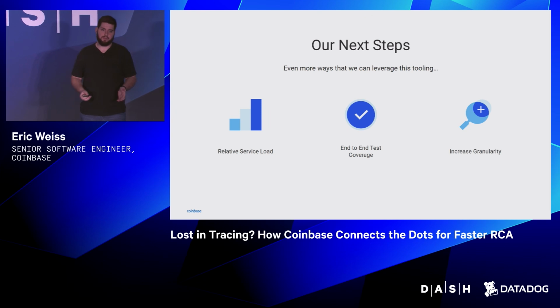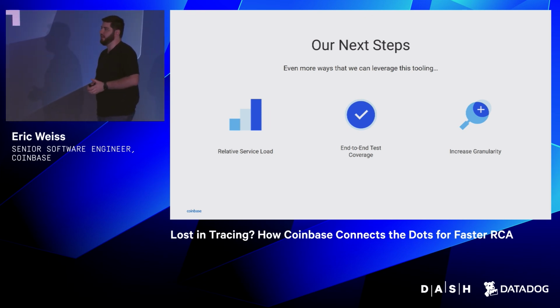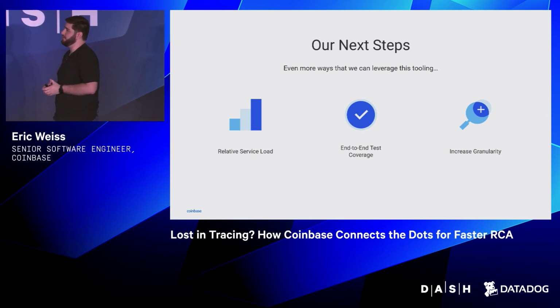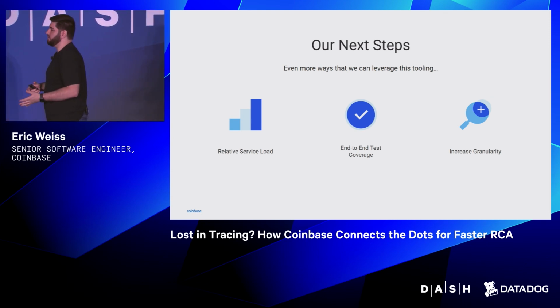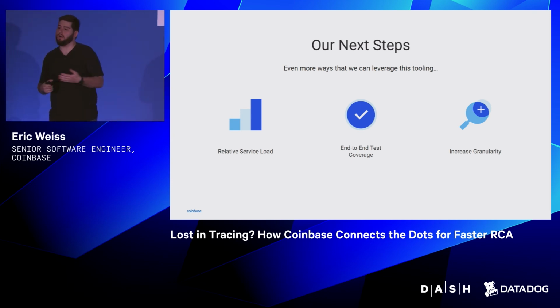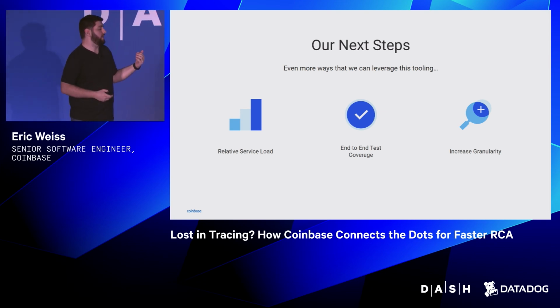And what do our next steps look like for this? So we have a few next steps that we're considering and also working toward actively in different areas. A few that I'll call out here: I'm using a weighted version of this graph to get a better understanding of relative service load and how often service A calls service B. We are looking into extending this to track end-to-end test coverage.